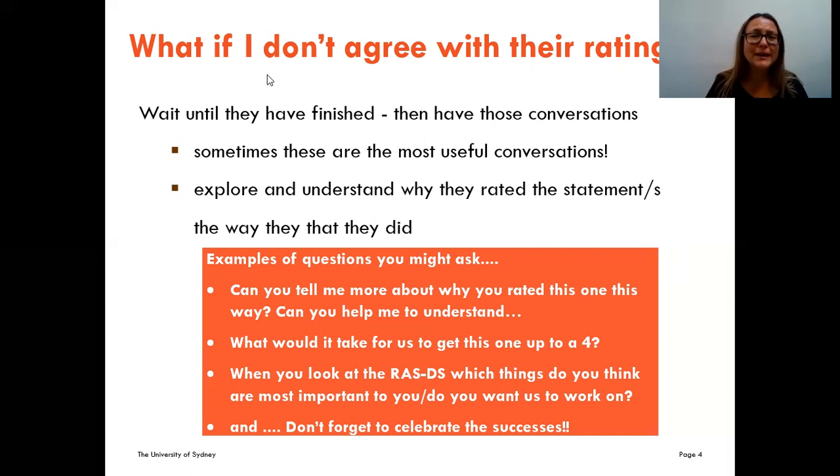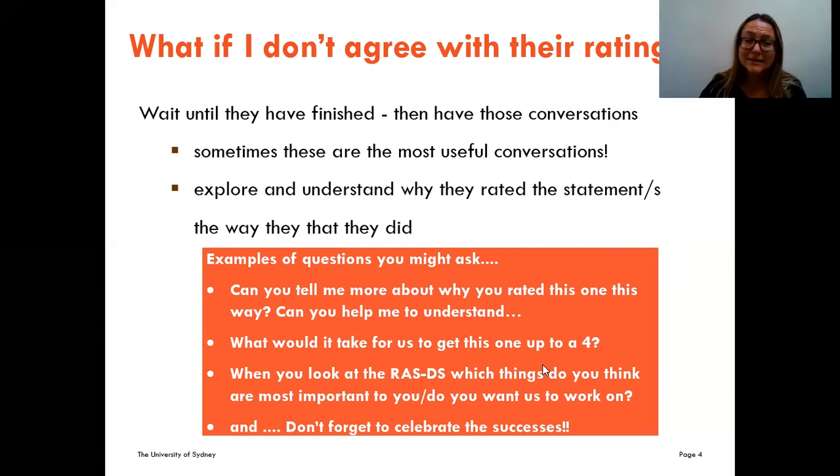And we hear repeatedly how powerful those conversations are when they're facilitated by looking together at the scorings people have made and comments if they've added those in around the RAS-DS. So exploring and understanding why they rated certain statements in the way they did, and here are just some possible questions that you might ask, but you'll find your own way of asking the same kind of questions.